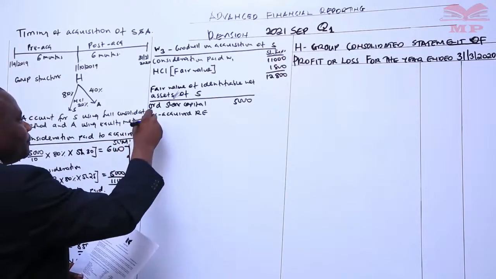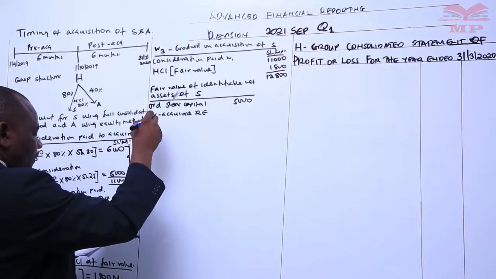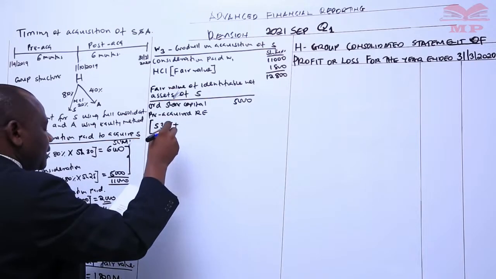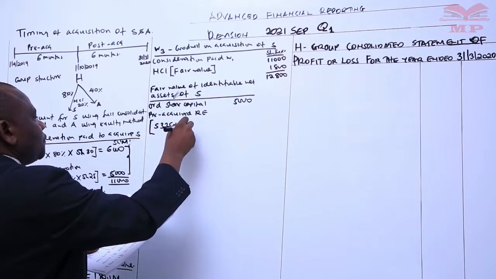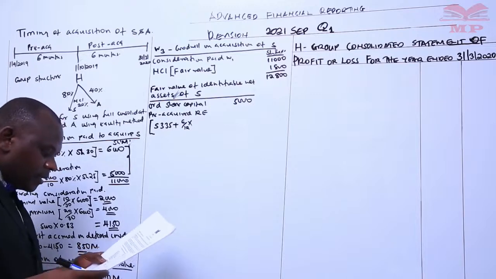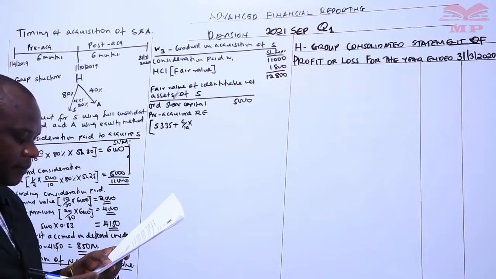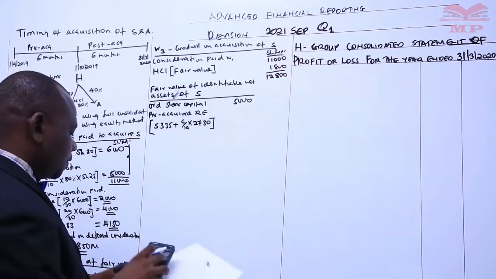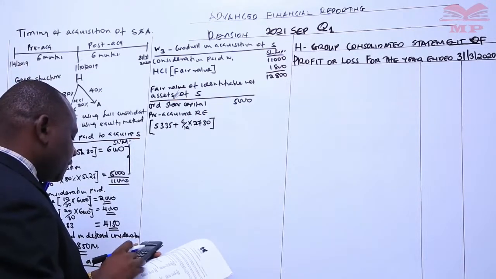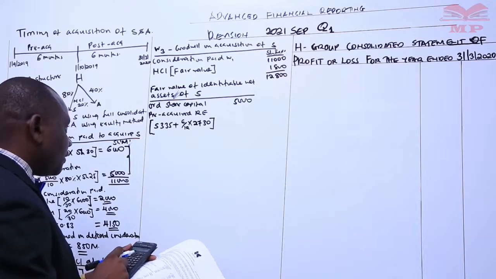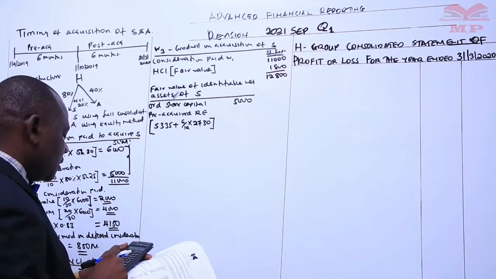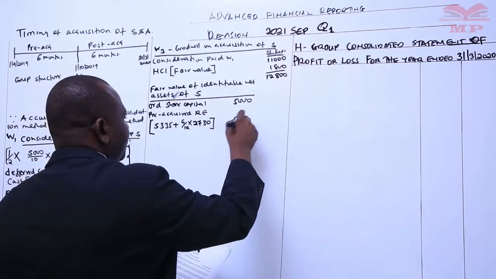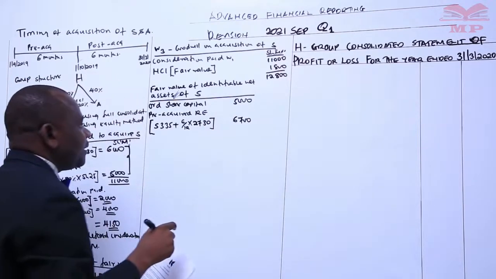That will be 53.35 plus 6/12 times the profit for the year of 27.30. So 5335 plus 0.5 times 27.30 gives you 67. So that gives you pre-acquired retained earnings.